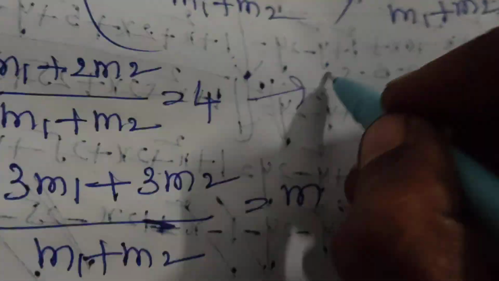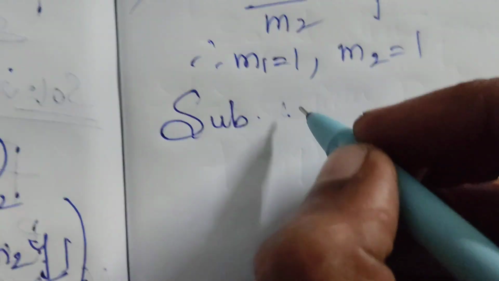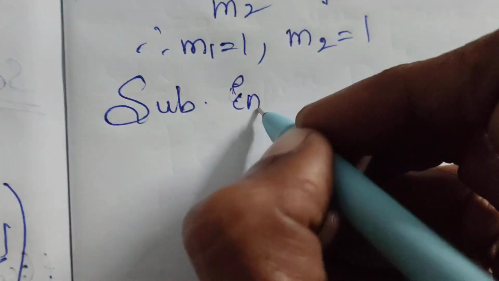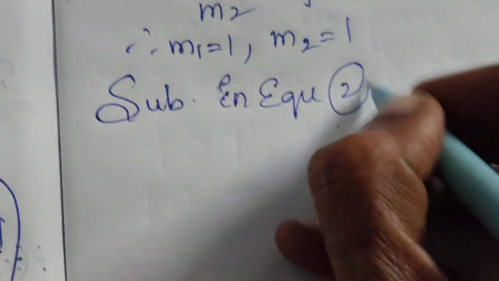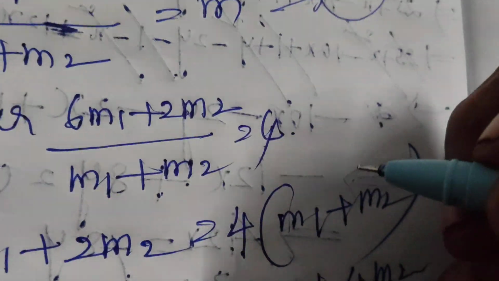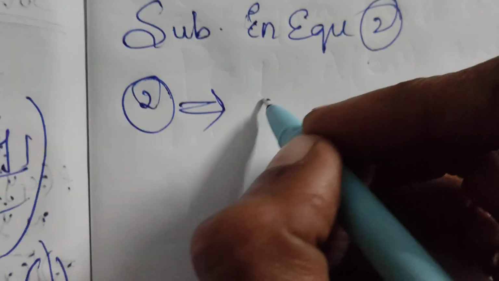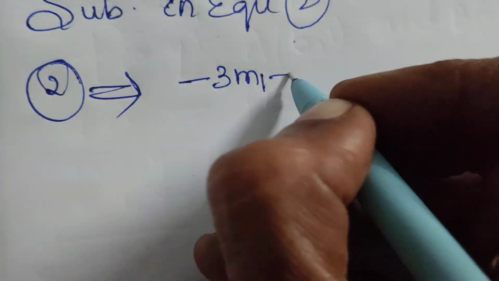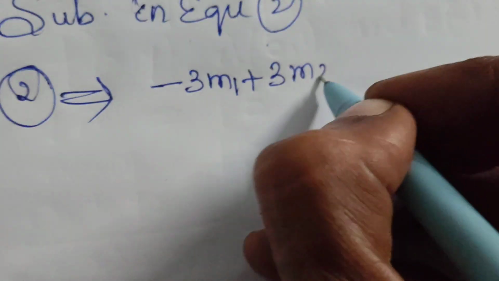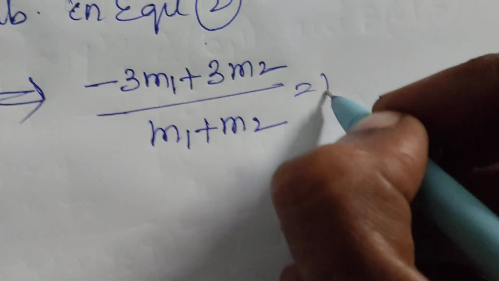Here this is equation 1, and this is equation 2. Substitute in equation 2: (-3 m1 + 3 m2) / (m1 + m2) = m.